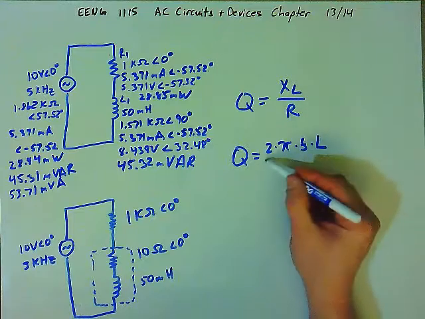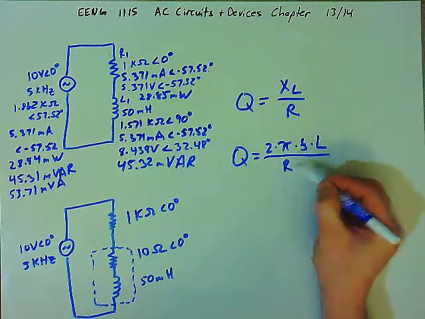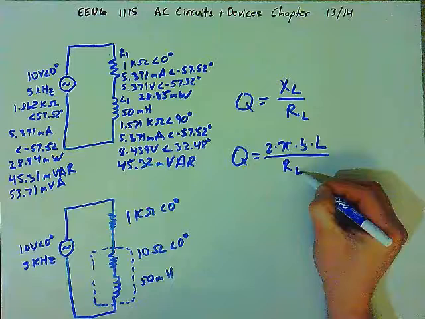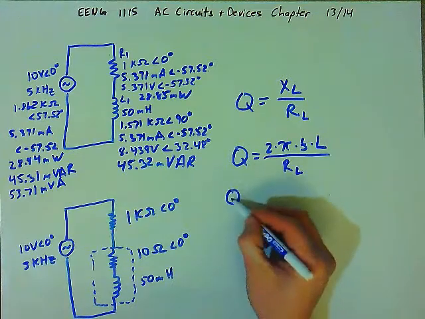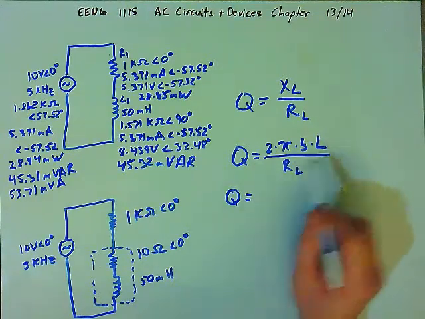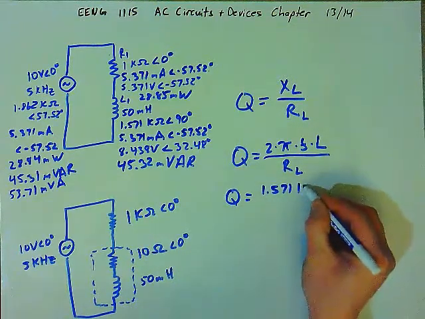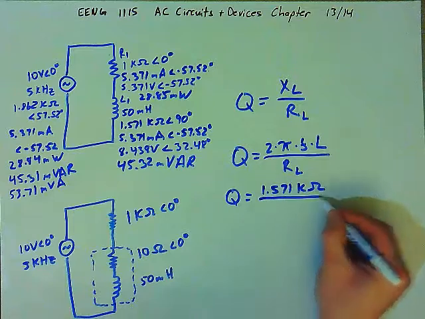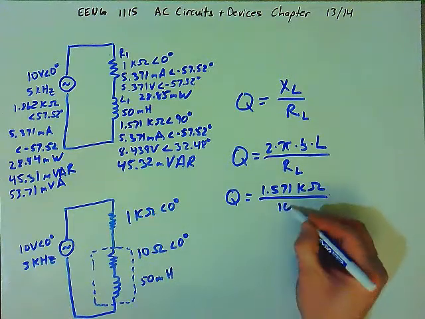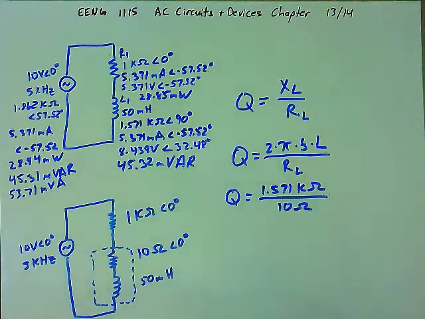That's X sub L, divided by the resistance of the inductor. Okay, and so the quality of this inductor is 2 pi FL, which we've already calculated, is 1.571 kilo ohms. The resistance of the inductor is 10 ohms. And so if we divide these, that will give us a rating of quality for this inductor.